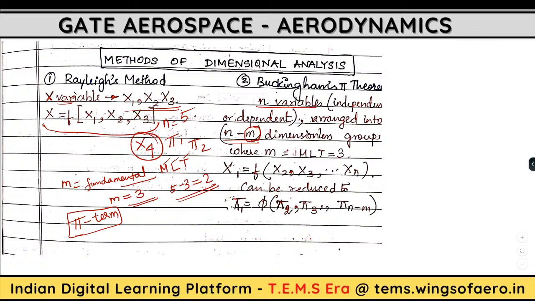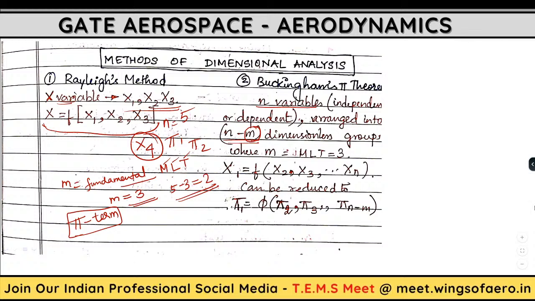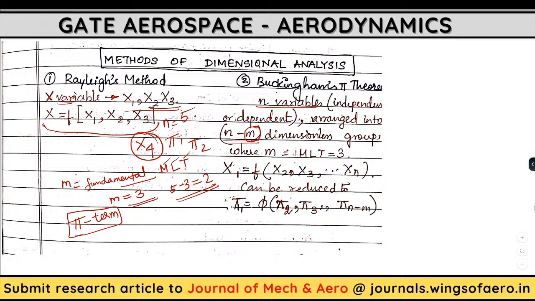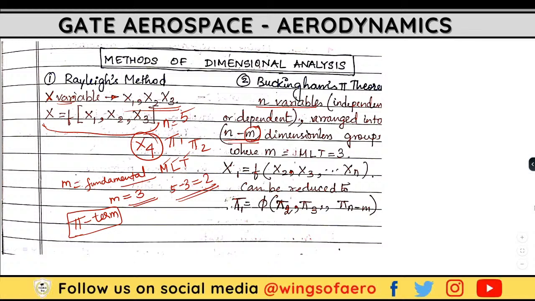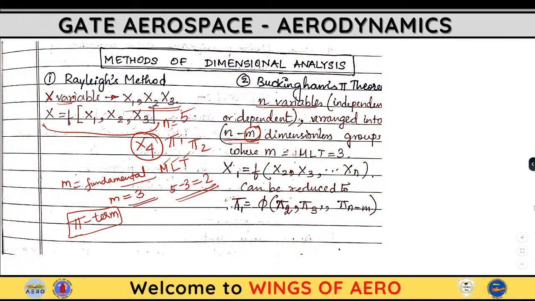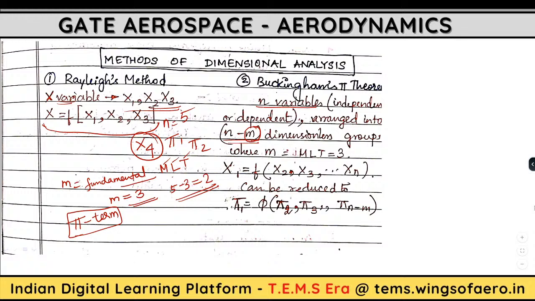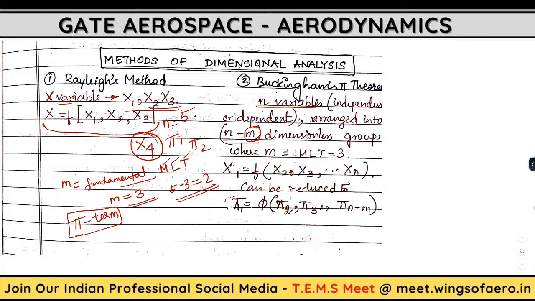Sure. So let me repeat a bit over here that the Buckingham Pi theorem says that the most advantageous thing is we can have n number of variables. They can be either independent or dependent variables, and n can be any number.